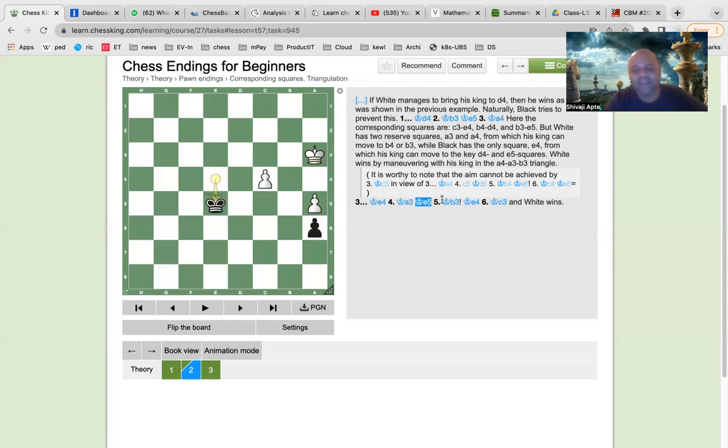Now white moves into the corresponding square of black. Actually, instead of black getting into the opposition, now white has got into the opposition. Now white moves this, and now black also moves and white goes to the corresponding square of the opposition. And now it is a win for white after this.